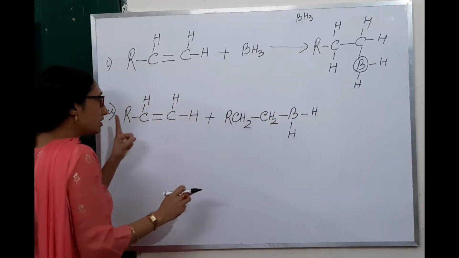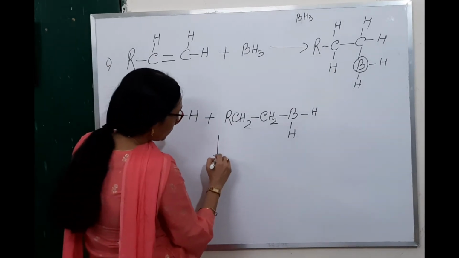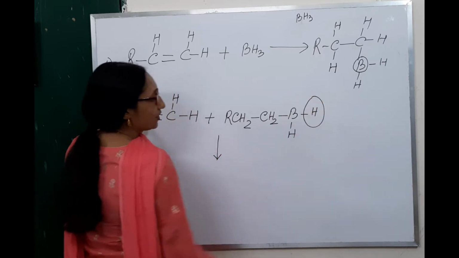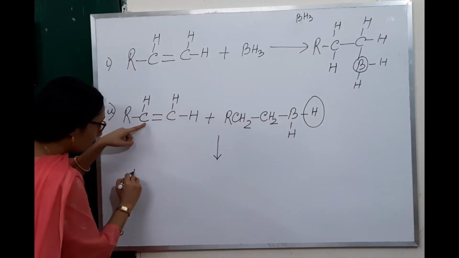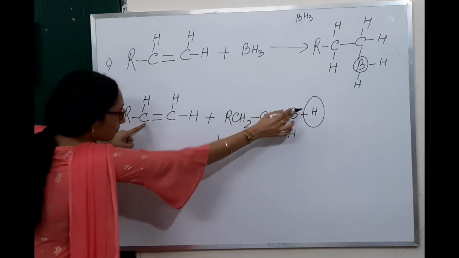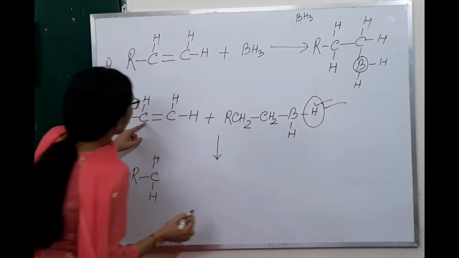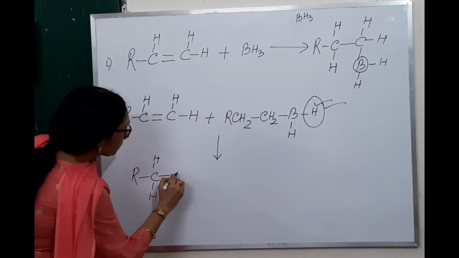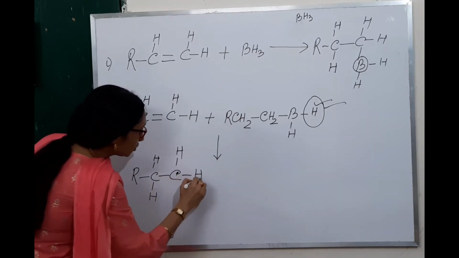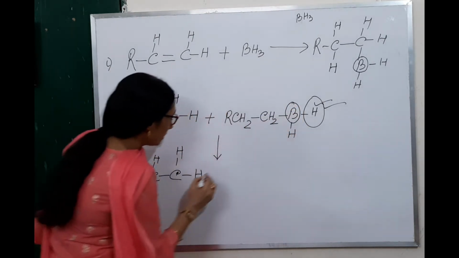It will go to this carbon according to Markovnikov's rule. So the product will be, see, I will add this hydrogen as H minus. So R, C, H, this H is added, single bond, C, H, H. Now this carbon will get connected to this boron.